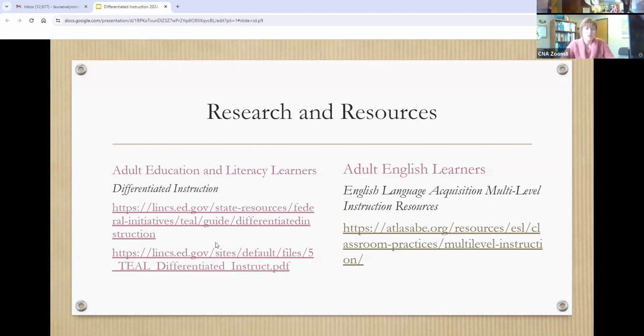And the English language acquisition multi-level resources, there are several really great resources there, and you are all invited to select just one from amongst those options to preview for today's discussion. So if you did that, that's fantastic. We look forward to hearing some of your thoughts.